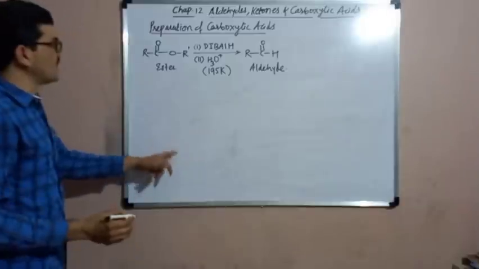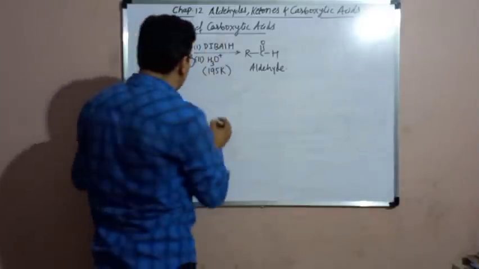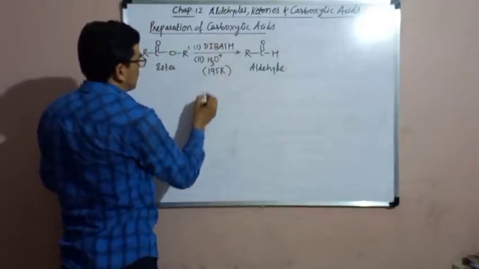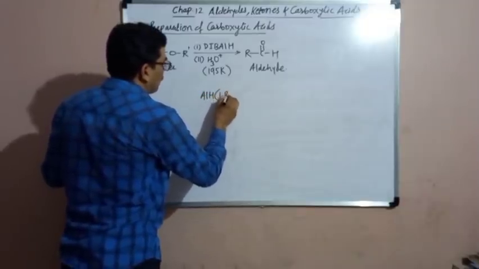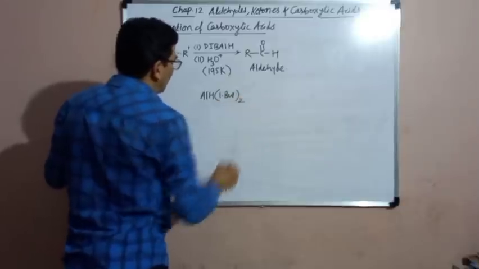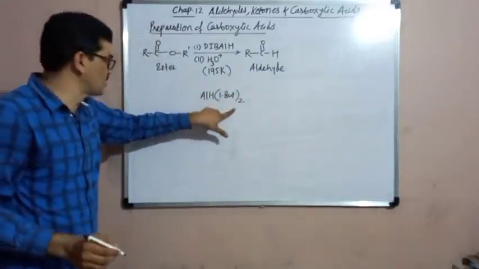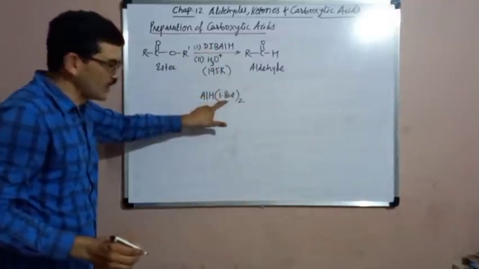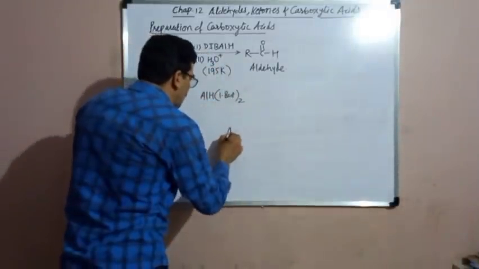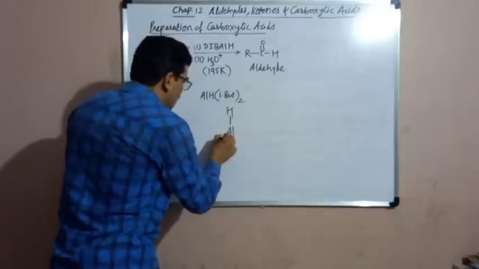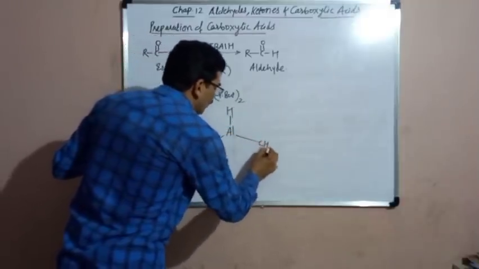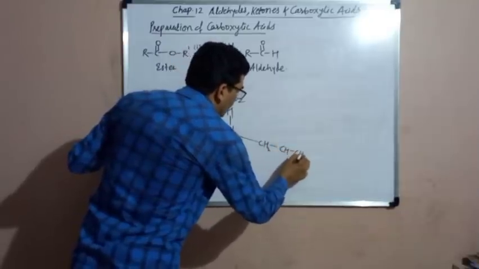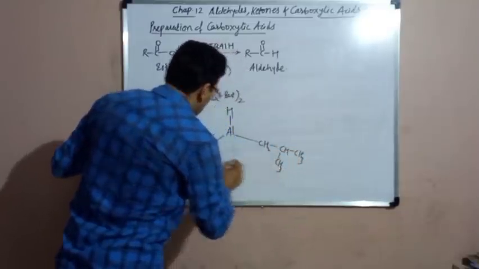Here the reducing agent is diisobutyl aluminium hydride, which may also be written as DIBAL-H. It is also abbreviated in this way. The structure of diisobutyl aluminium hydride is already known to you. This is aluminium at the center, and here isobutyl group. This is one isobutyl.